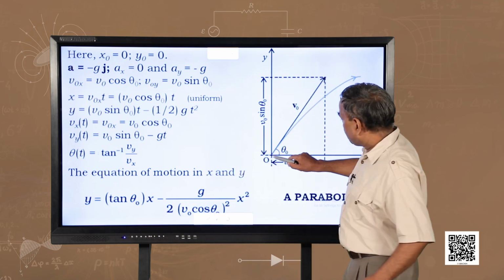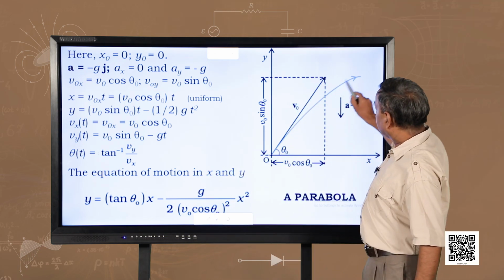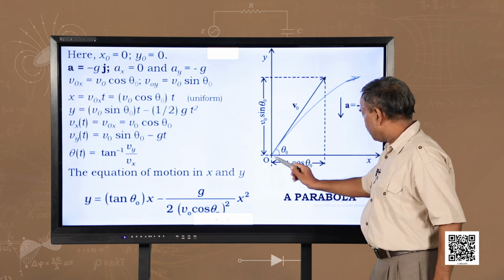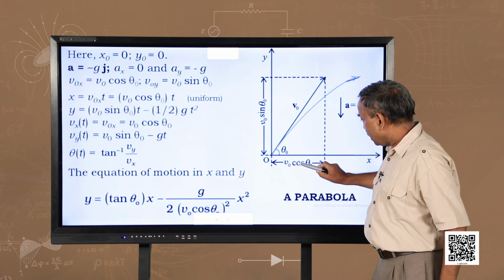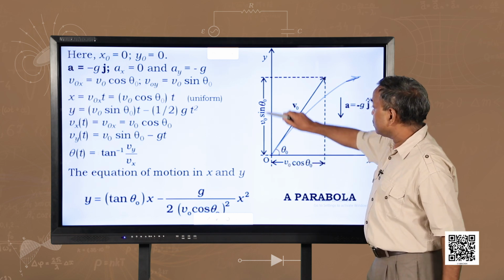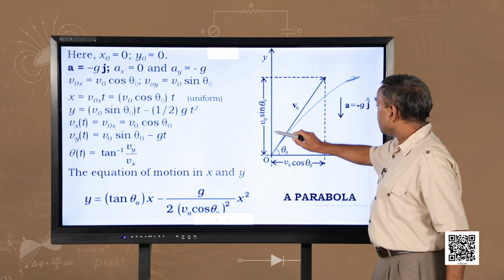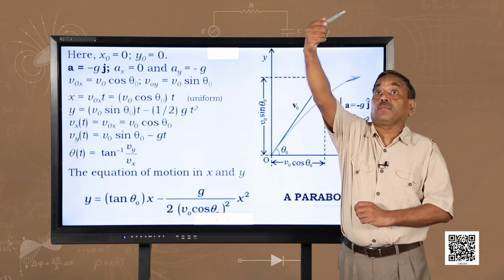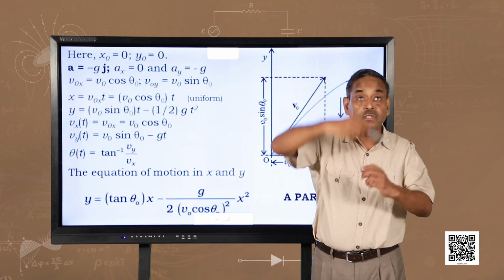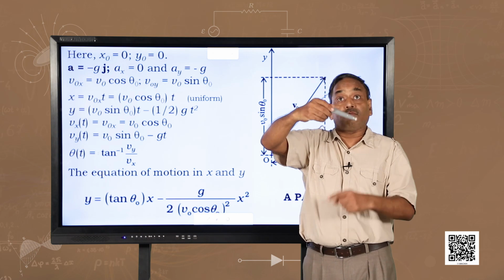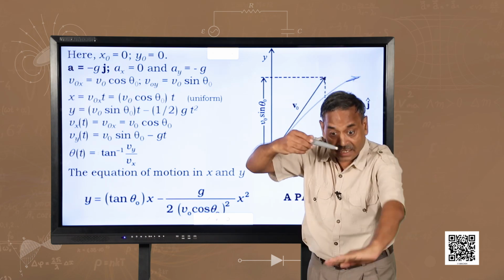Now, here if you are throwing a particle, an object, suppose a book or something like that, making an angle theta_0 with the horizontal. Now, you can understand its components v_0 cos theta_0 and v_0 sin theta_0 at this point. Now, it is changing. Now, look at this point. See, this object which we have thrown with an angle theta_0 has two motions, along the y axis and along the x axis.